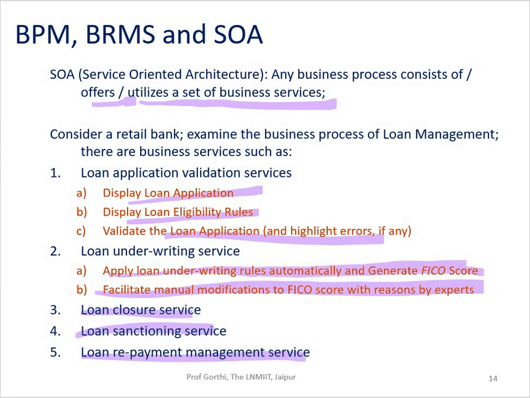So basically your service oriented architecture is a style of software design where services are provided to the other components by application components. Right. So a service has several properties. For example, it logically represents a business activity.